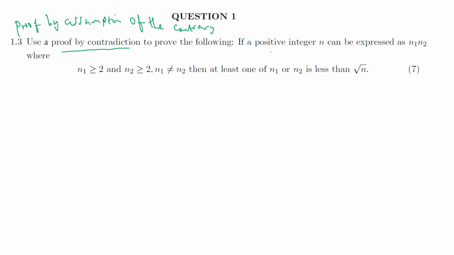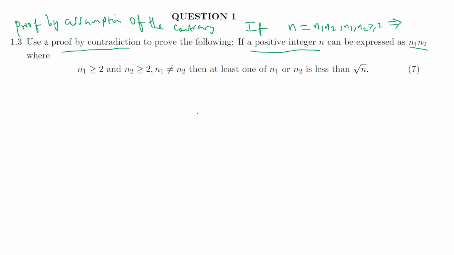We're saying here, if an integer n can be expressed as this, well, this obviously is another way of saying if n is equal to n1 times n2, where n1 and n2 are greater or equal to 2, then at least one of n1 or n2 is less than the square root of n.